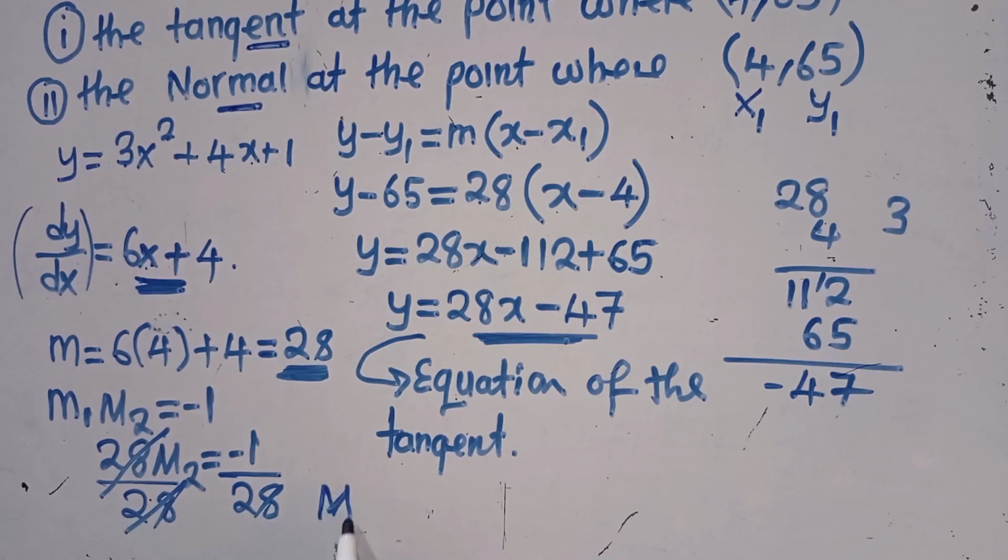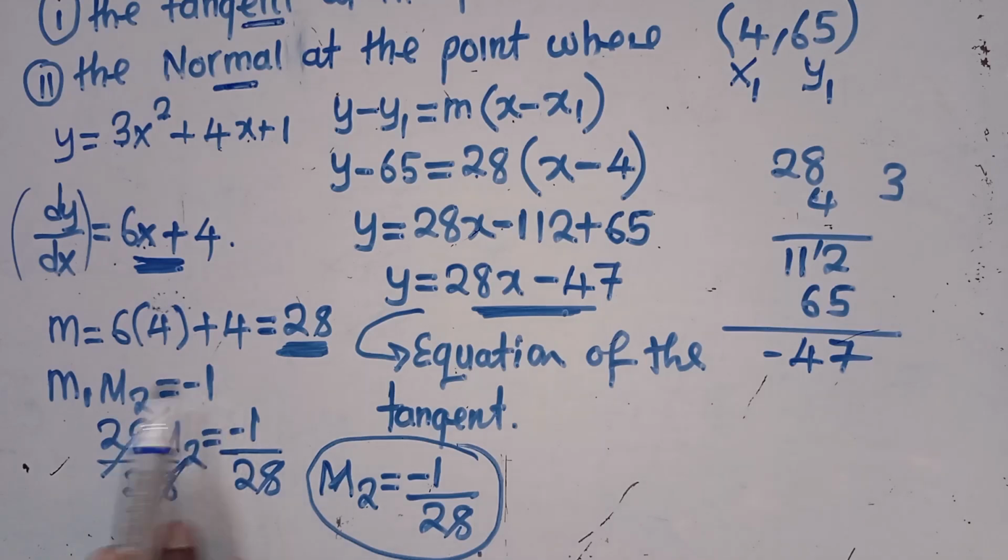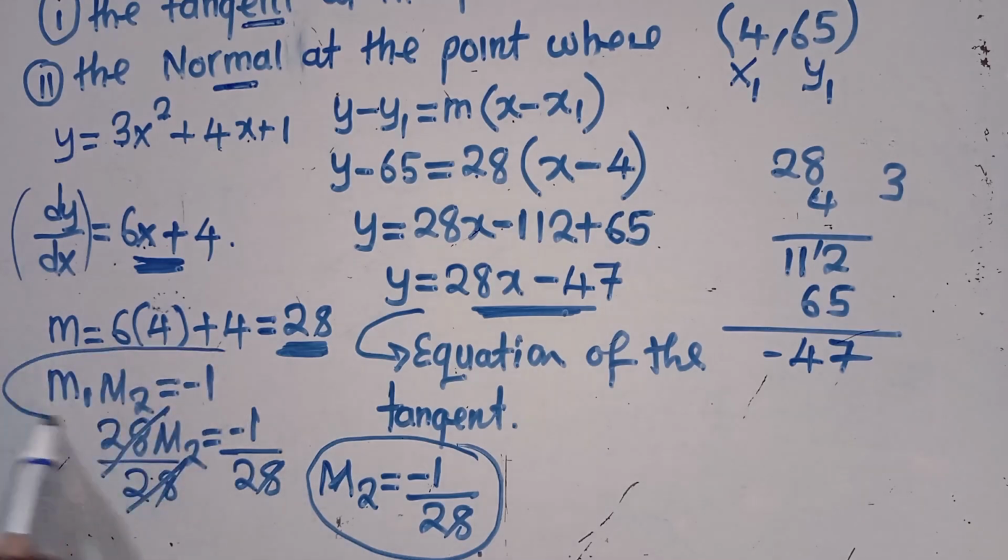Then we are going to have our gradient 2, which is equal to negative 1 over 28. This is now the gradient that we are going to use to find the equation of the normal. So for you to find the equation of the normal, you need to have gradient 2. So you use this formula that I've put here so that you come up with gradient 2.